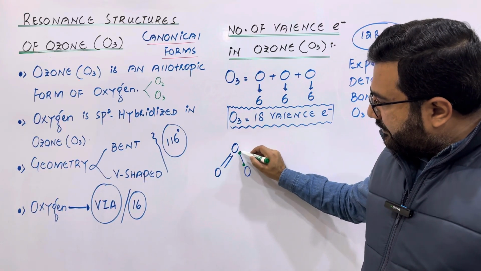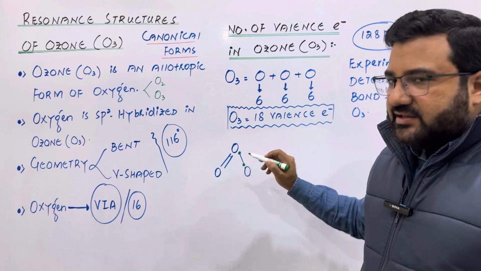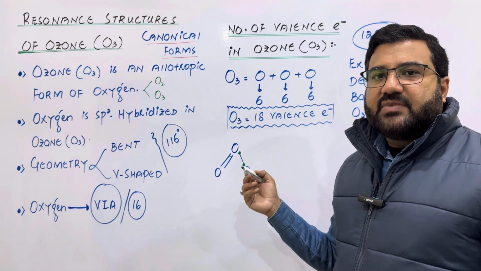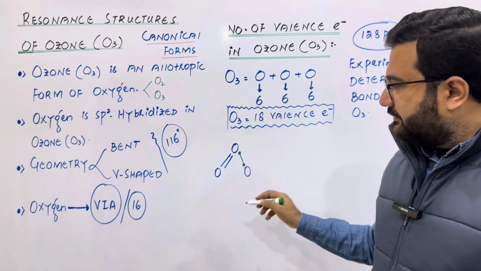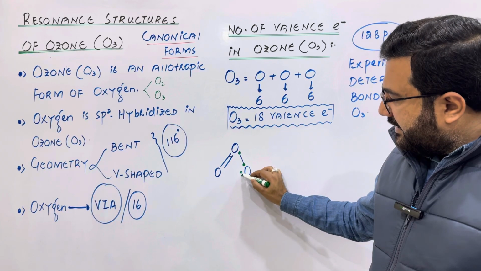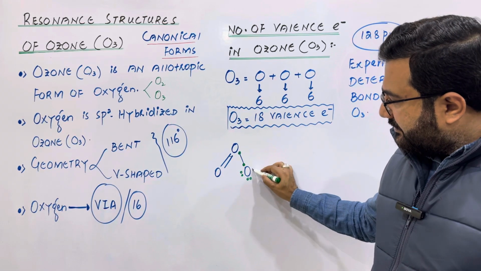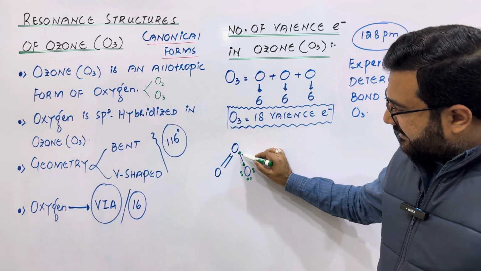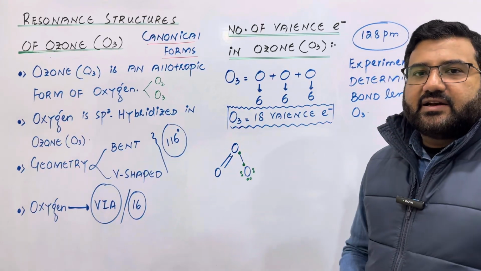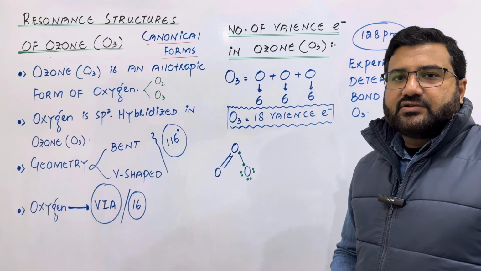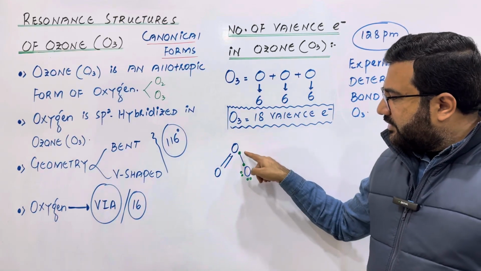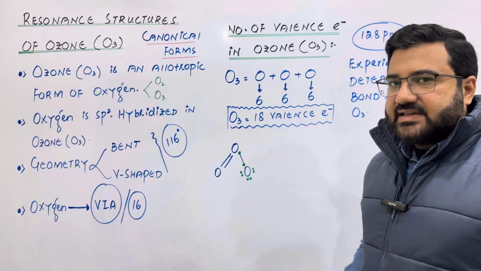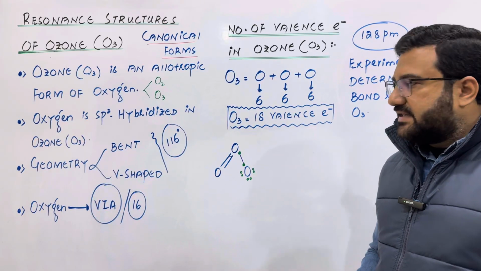If it has two electrons in the form of the bond pair, then to complete its octet, it must have 6 electrons in the form of lone pairs. So it has 3 lone pairs of electrons, and hence 1, 2, 3, 4, 5, 6, 7, 8. It has a total of 8 electrons in its valence shell, and its octet is completed: 2 electrons in the form of a bond pair and 6 electrons in the form of 3 lone pairs.